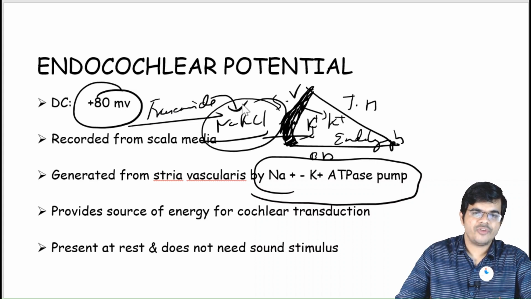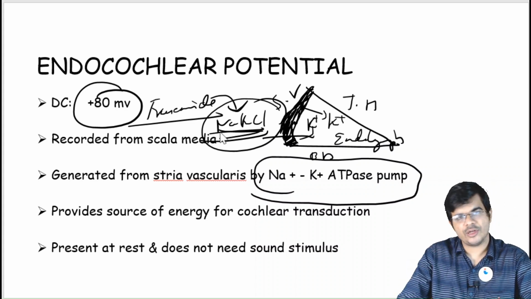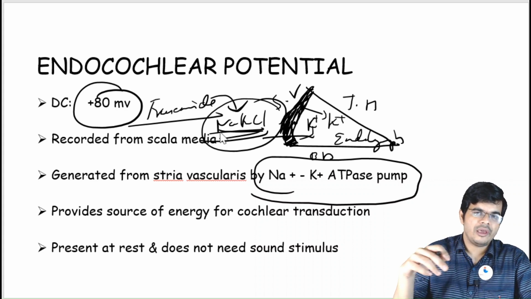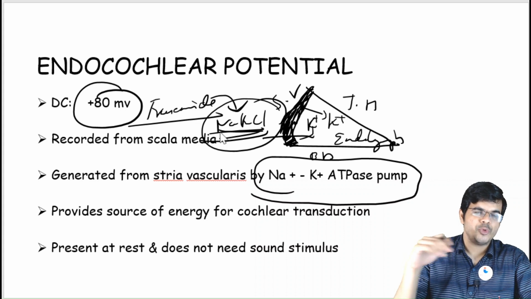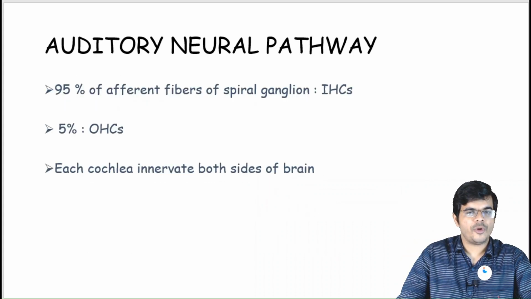It affects this sodium potassium chloride channel in addition to the sodium potassium chloride channel of the kidney, and because of that, there will be a sensorineural hearing loss. A sensorineural hearing loss can occur by giving furosemide because of this reason. That's about the endocochlear potential.